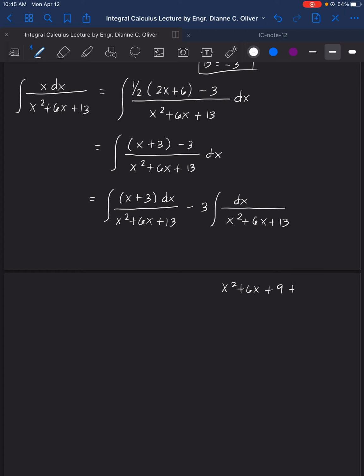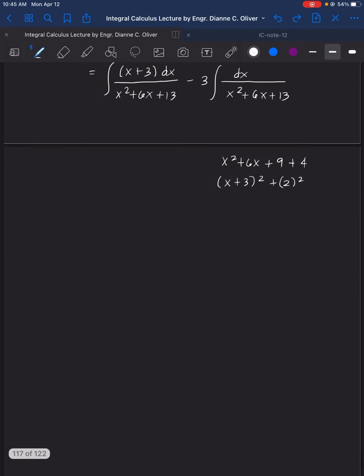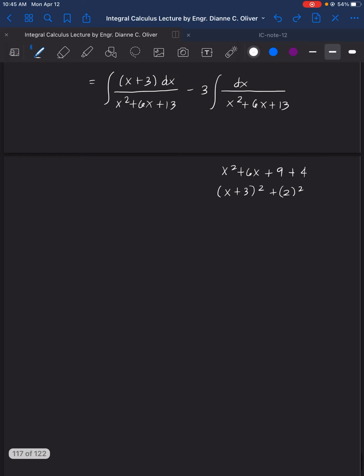That is 4. So that this will still go back to this form here. Therefore, we have here x plus 3 squared plus 2 squared. Looking at this will remind us of inverse functions. So solving inverse functions is discussed in the previous videos.